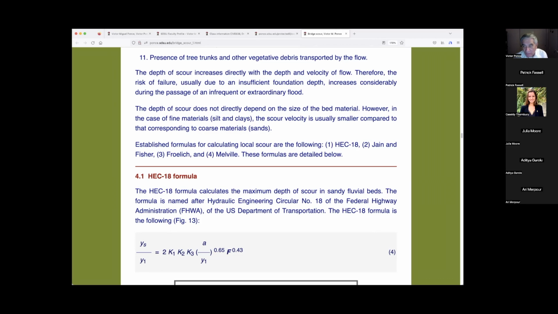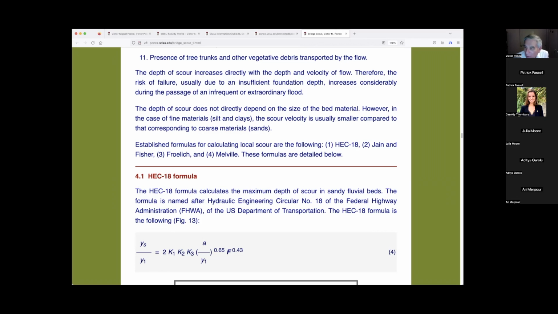HEC RAS stands for Hydrologic Engineering Center, the lab, the Army Corps of Engineers lab that was instituted in the year 1968. HEC 18 stands for Hydraulic Engineering Circular, number 18. So if you have a number 18, there must be 17 prior hydraulic engineering circulars. Why the Army Corps? No, that's not the Army Corps.